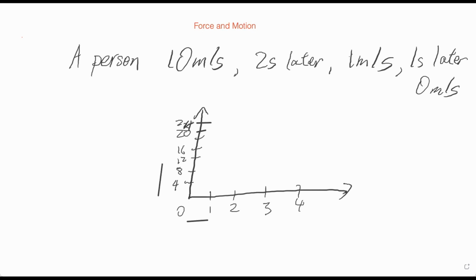So about here. And the second second, the same, another 10 meters, so 20 meters. Then in the third second, only 1 meter. And the final second, nothing. So this would be how we draw a graph.